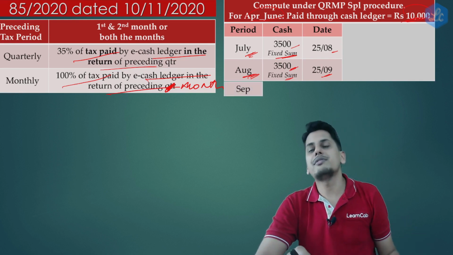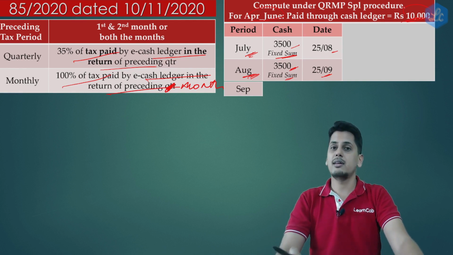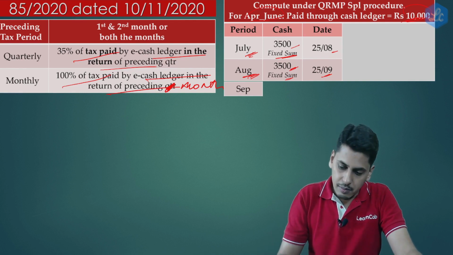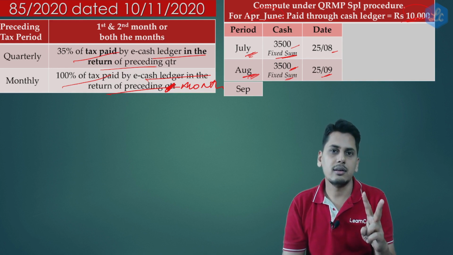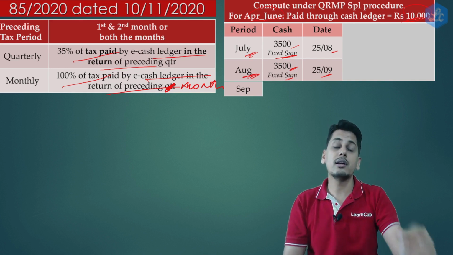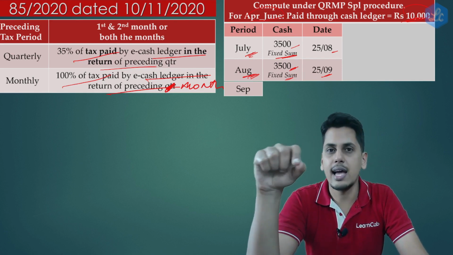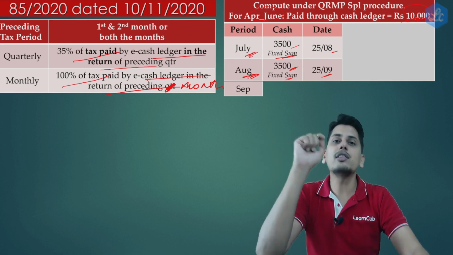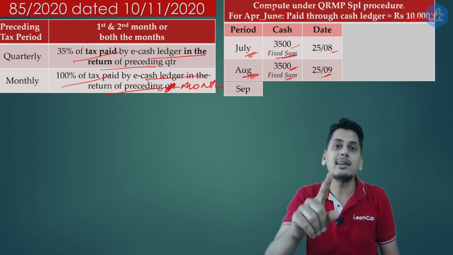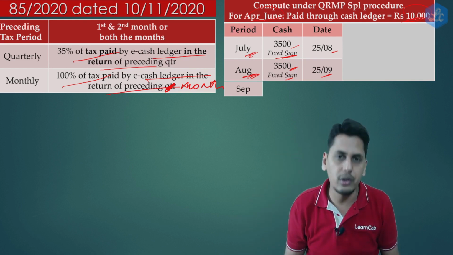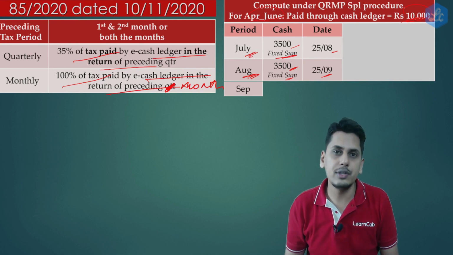Now friends, for the month of September, should I again deposit the same 3,500? The answer is no. Friends, please understand, for the first and second month of the quarter, you need to make a deposit in the electronic cash ledger. For the third month of the quarter, you need to pay the taxes along with the return which you are going to file.